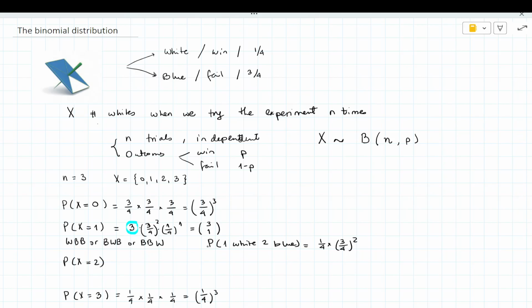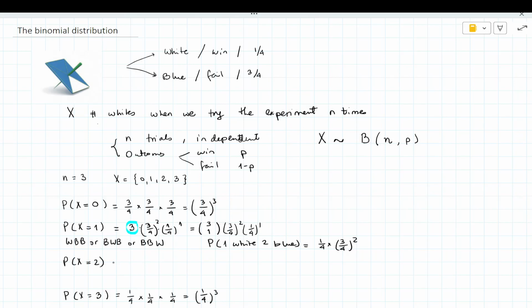So we need to choose one out of 3 possibilities, and this is the combinatorial number 3 choose 1. So this can be written 3 choose 1 times 3 over 4 squared times 1 over 4 to the power of 1.